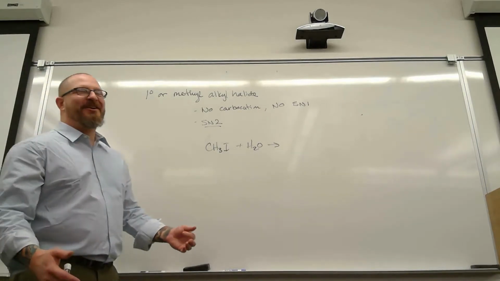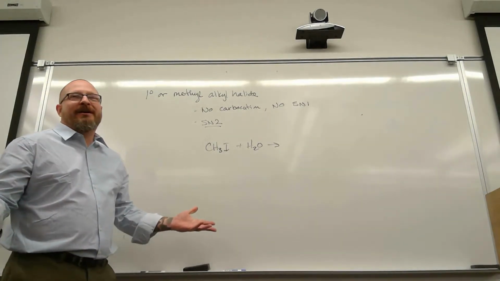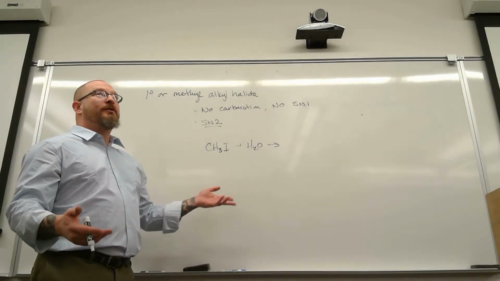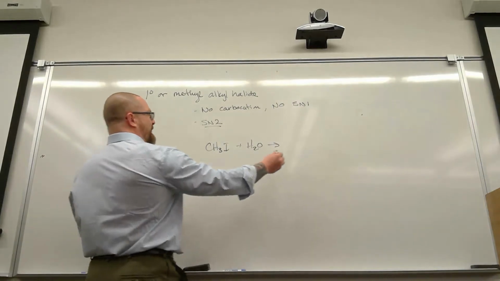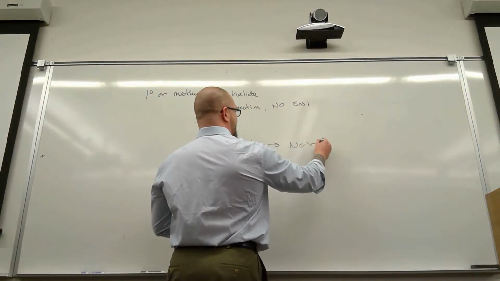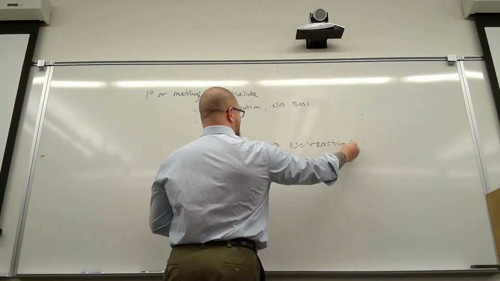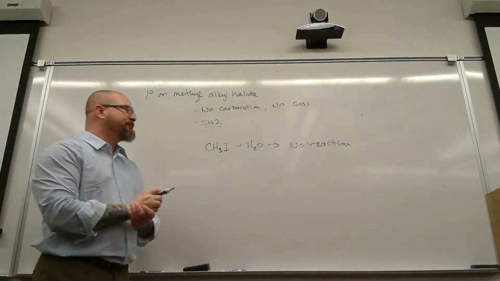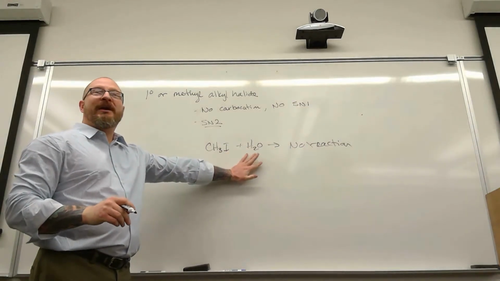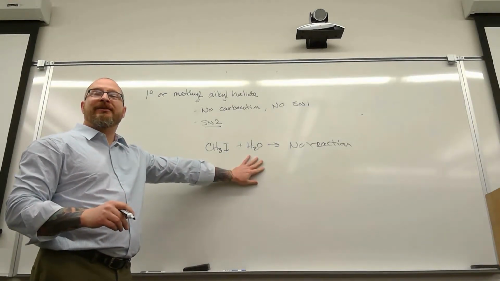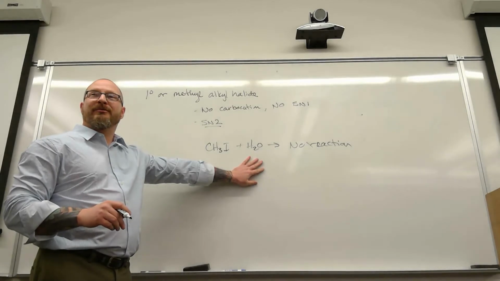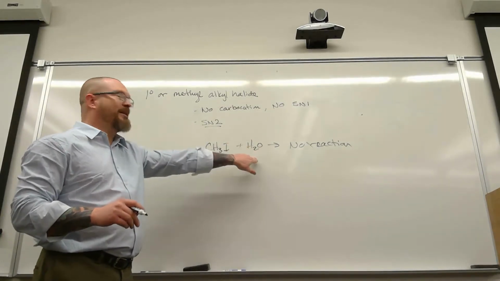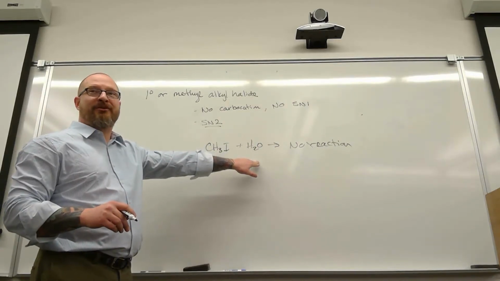I haven't done that in a while, but I haven't taught OChem in a while. It's a fair question though, because you could say no reaction. Here we have a terrible nucleophile, and you're not going to get an Sn2 substitution reaction without a decent nucleophile, and it's definitely not going to happen in a polar protic solvent with a terrible nucleophile.